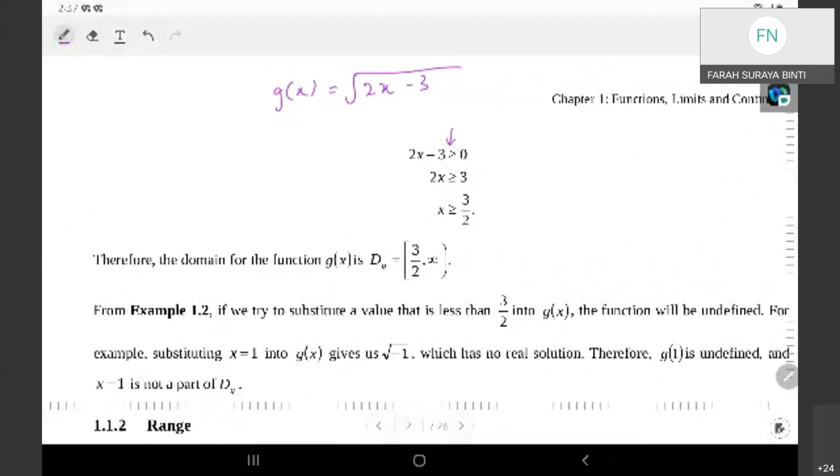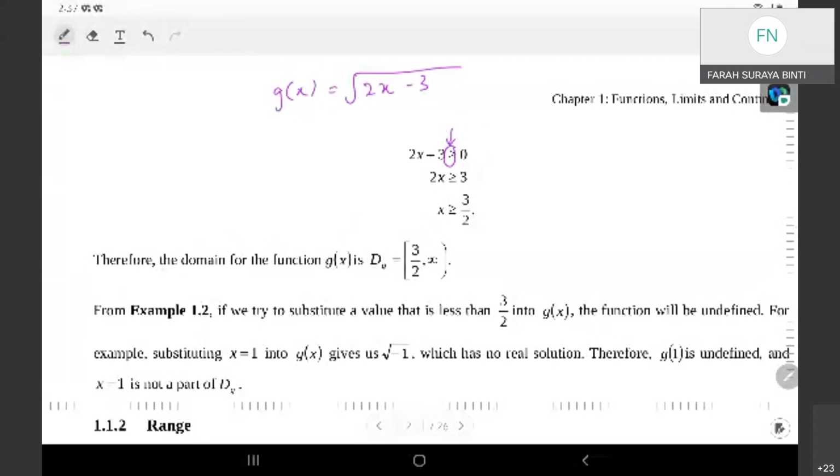So, kita setkanlah 2x minus 3 more than or equal to 0. Dan kita kirakan negative 3 bawa ke kanan jadi 3. So, x akan jadi more than or equal to 3 by 2. Okay, so the domain of the function is starting from 3 over 2 until infinity.